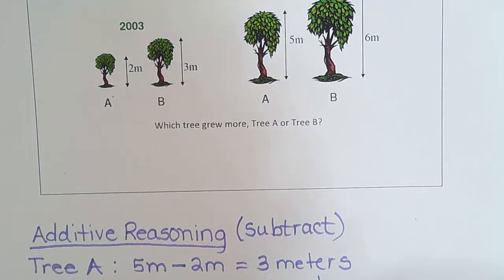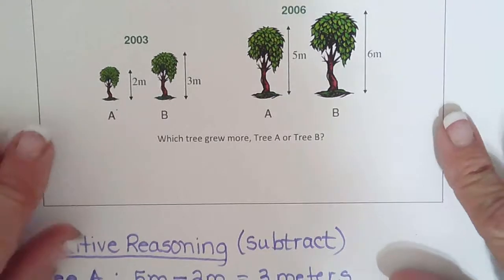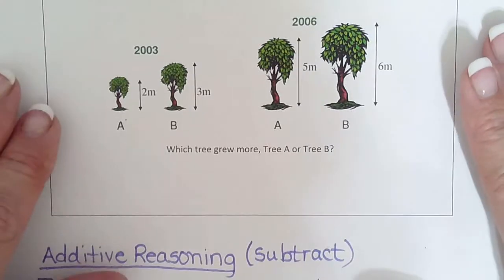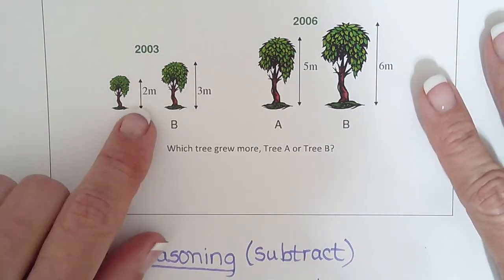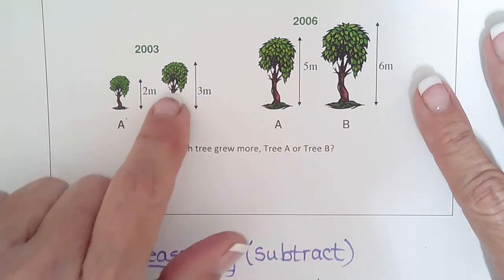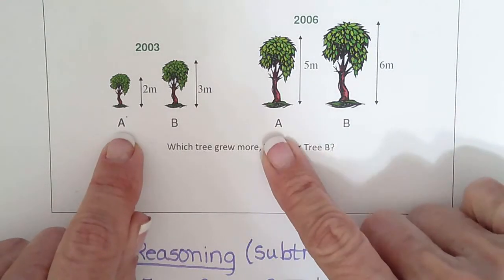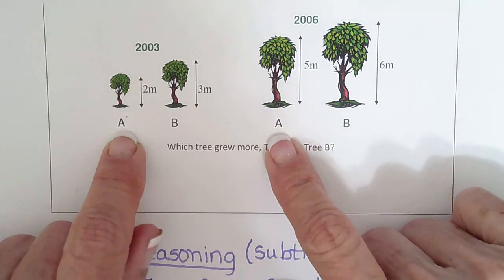Multiplicative reasoning many times makes more sense because saying they both grew the same doesn't give the reader any information. But saying that this one is 2.5 times larger and this one is 2 times larger makes more sense. So we can see that tree A really did grow more than tree B.